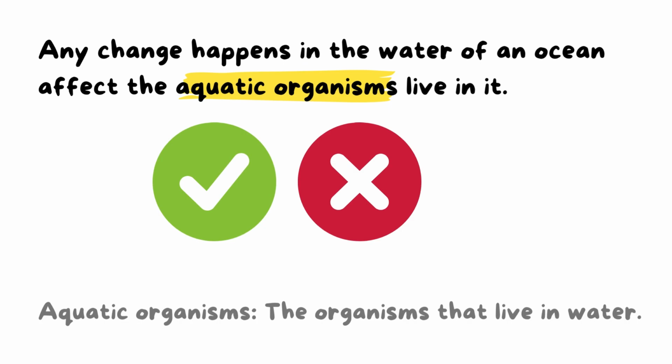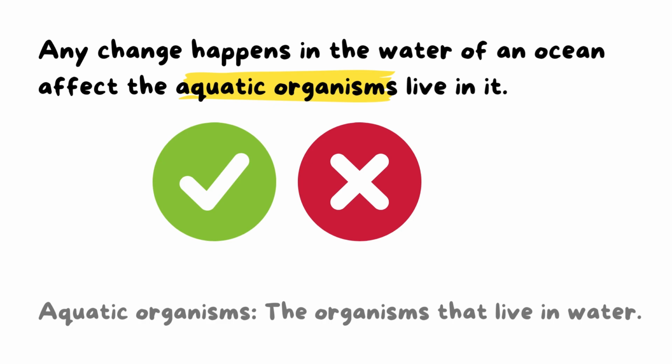Another question we have: any change that happens in the water of an ocean affects the aquatic organisms that live in it. Aquatic organisms mean the organisms that live in water, okay? As aquatic ecosystems means marine ecosystems, aquatic organisms means marine organisms, okay?